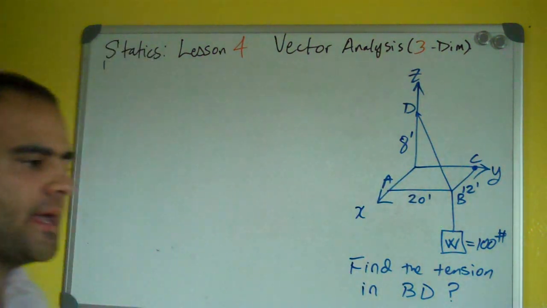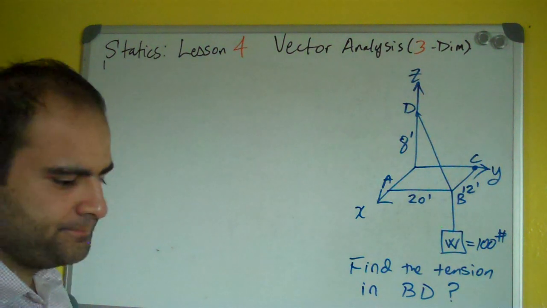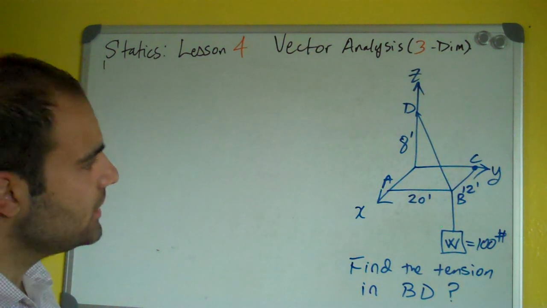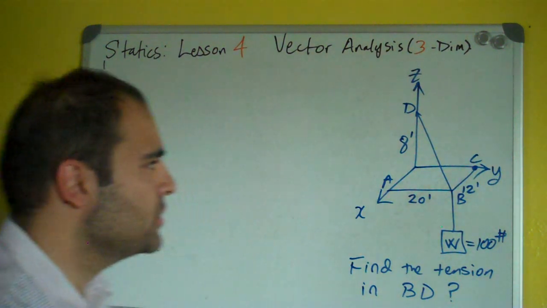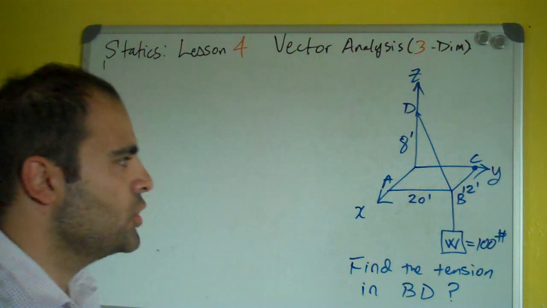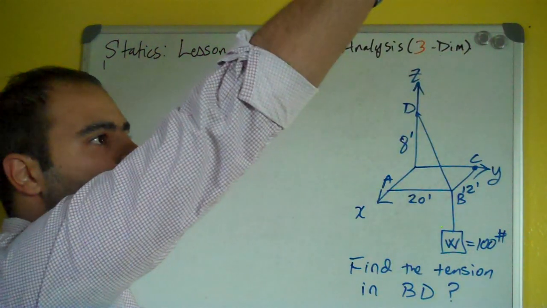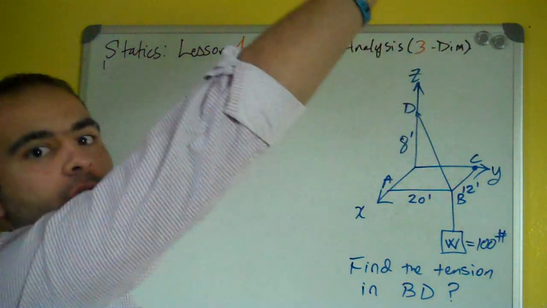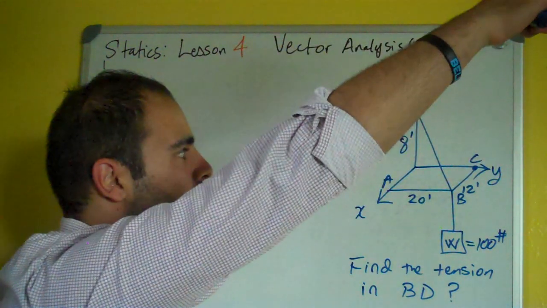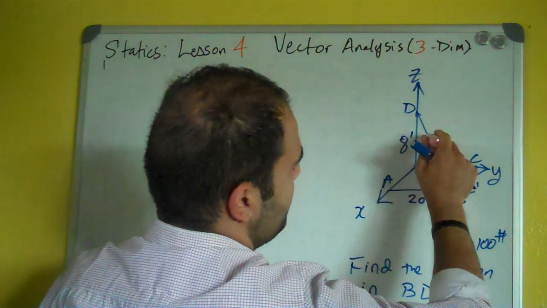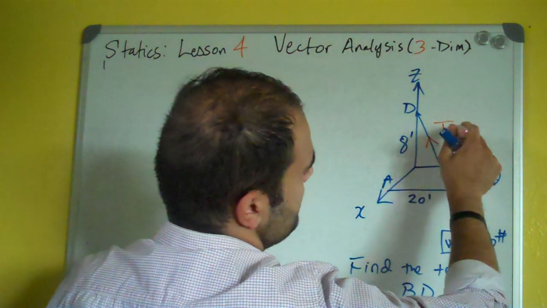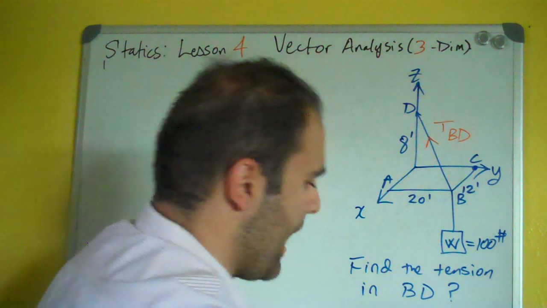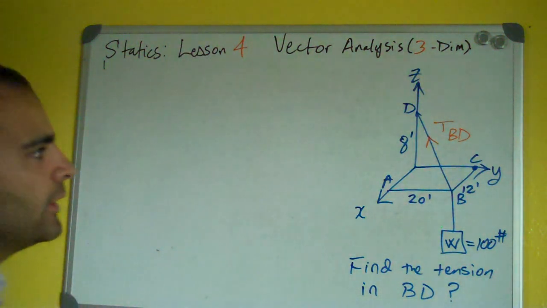You could imagine it as an awning. Maybe you could imagine you're holding something in 3 dimensions and you're trying to maintain your body from movement, and find this tension BD if you weigh 100 pounds, for example.